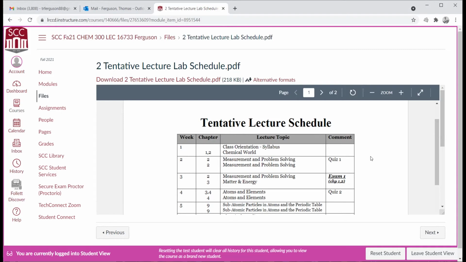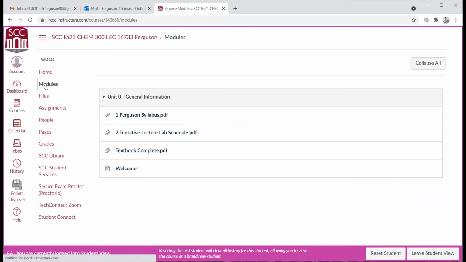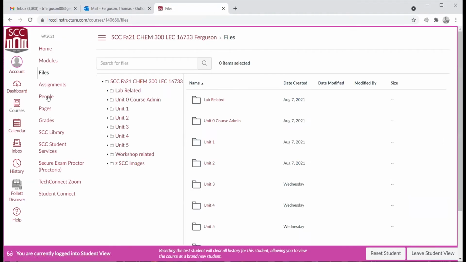Okay, thank you. Okay, so let me back out of this. So the way I've got this class set up, let's go to files. I've got 5 units, and the 5 units correspond to the lecture material under units 1 through 5.